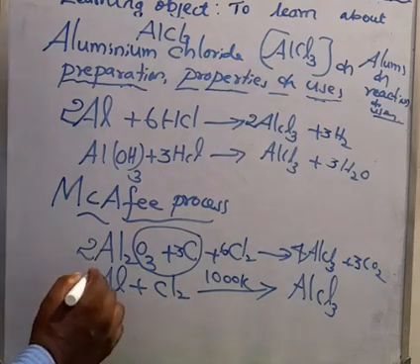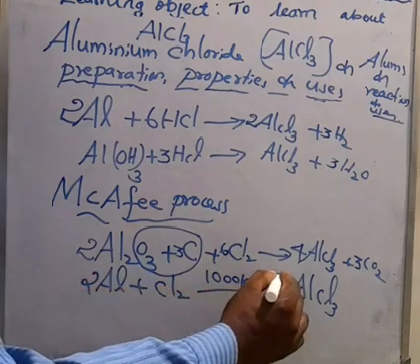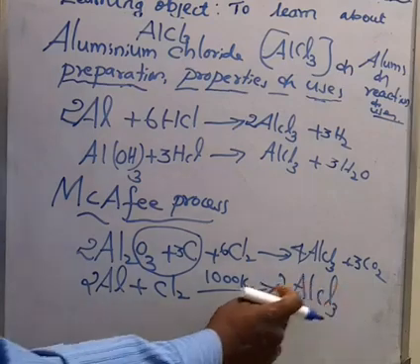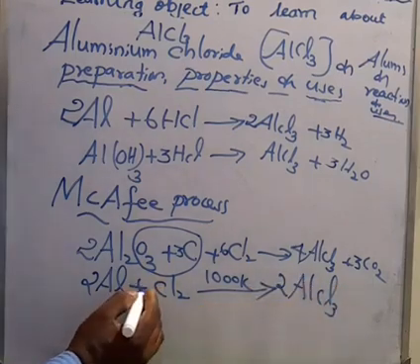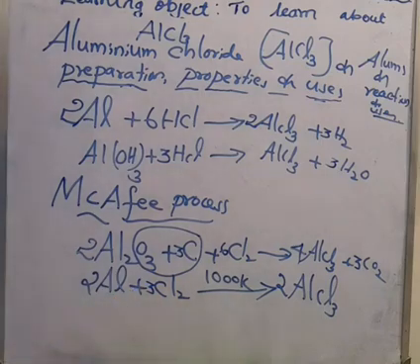So we have to balance the equation. How much chlorine is there? 3 chlorine on the product side. So make it 2 here. 2 into 3 is equal to 6. Also here make it 3 into 2 is equal to 6, and 2 aluminium is there. Now the equation is balanced.